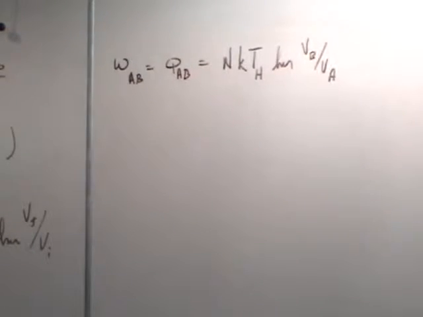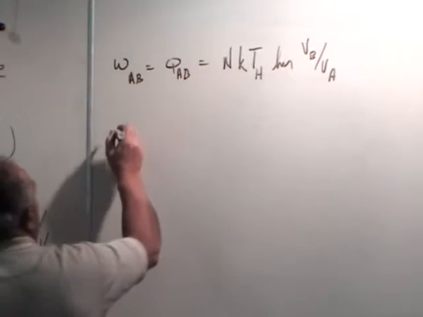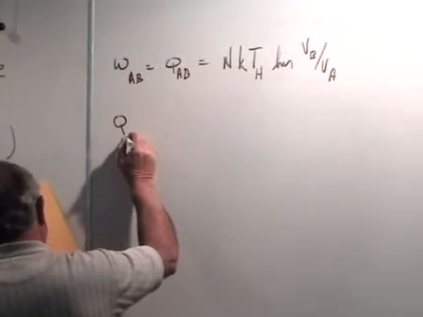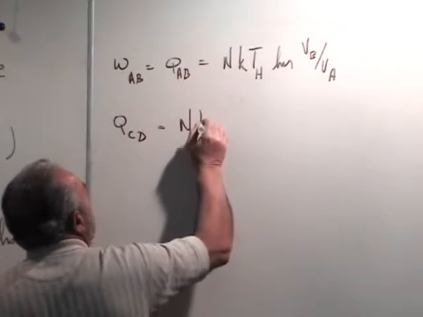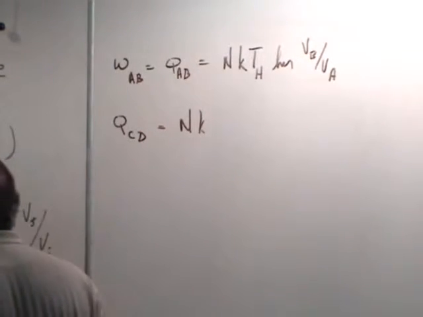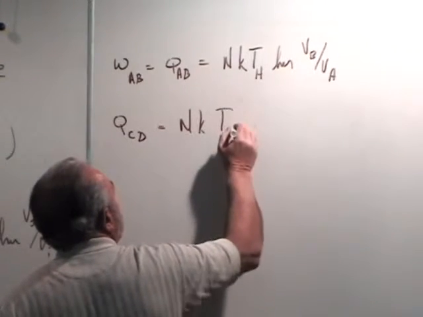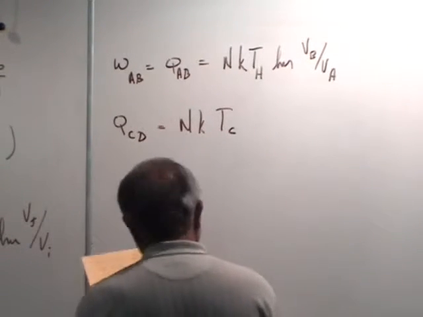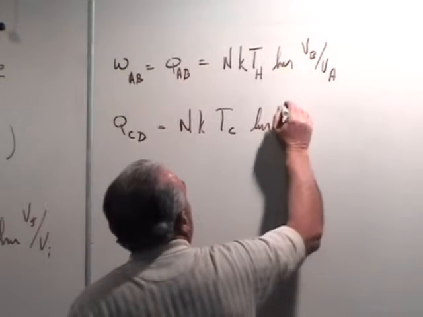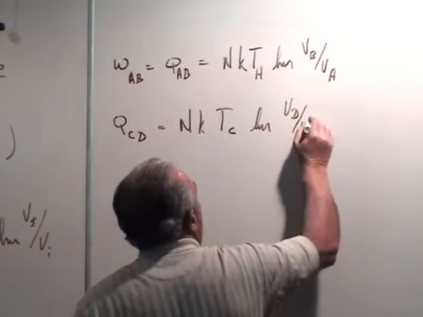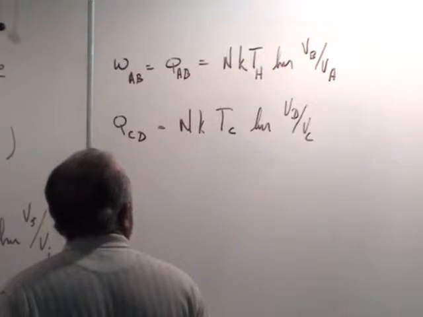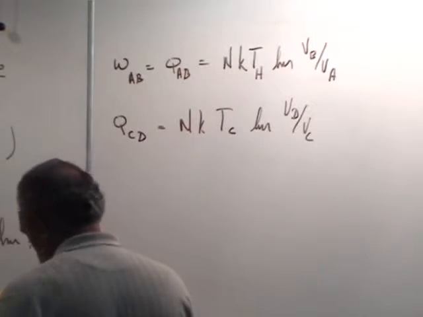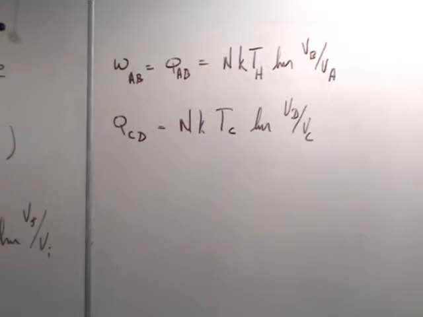Lovely. Well, then by analogy, Q CD must equal NK, except this is happening at the cold reservoir, T cold, times the ln of VD over VC. Okay, good. We're just about there. We've almost got the relationship.